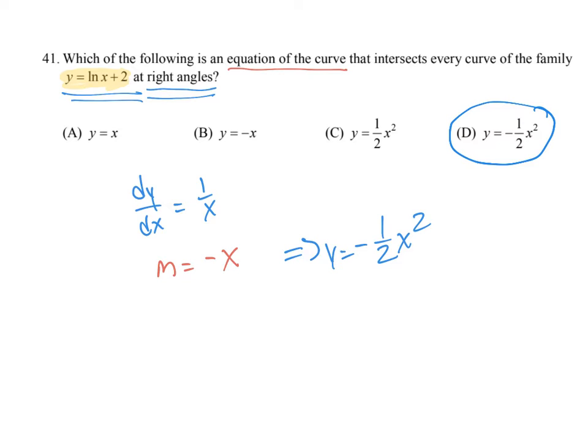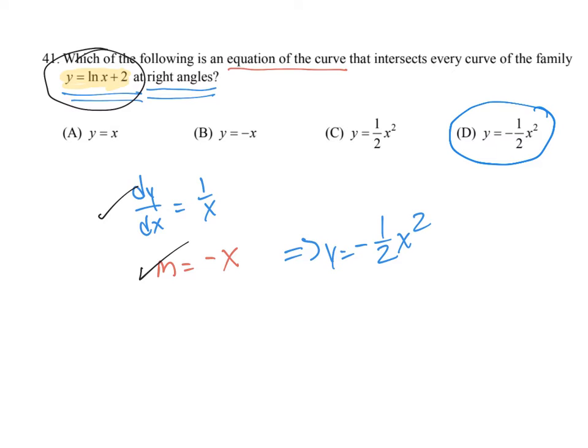Just to clarify what we did, we start by finding the formula for the derivative because that gives us the slopes of the tangents. Since we need the normal lines, we do the opposite reciprocal, and then we do the antiderivative there to get the formula.